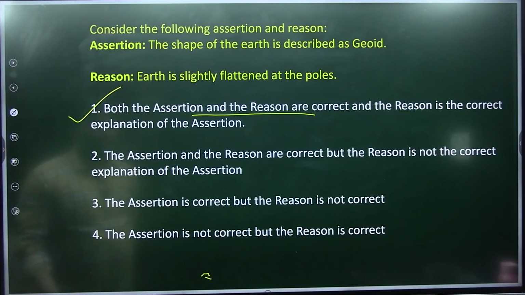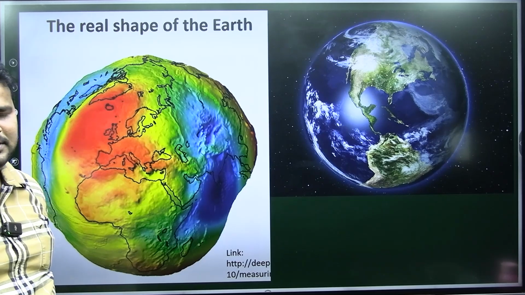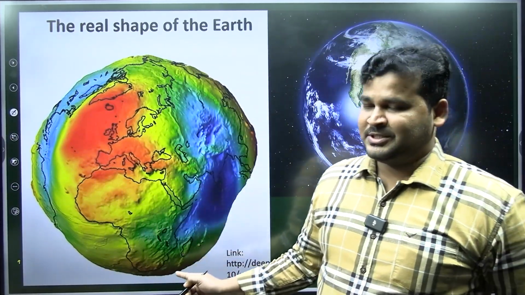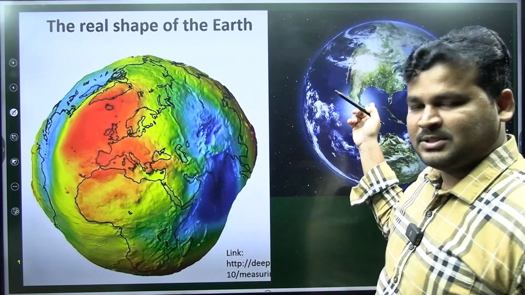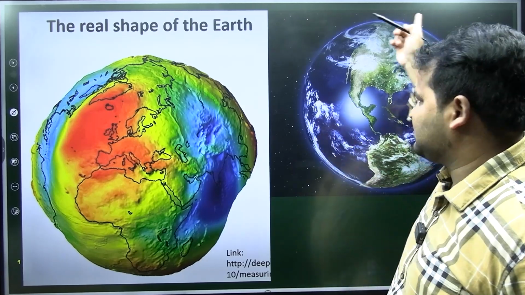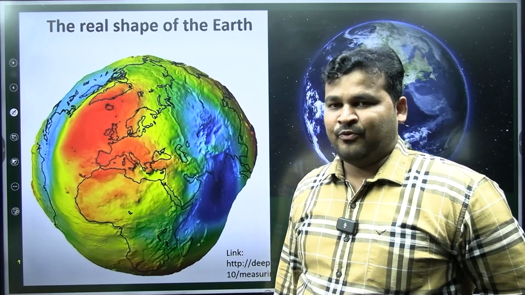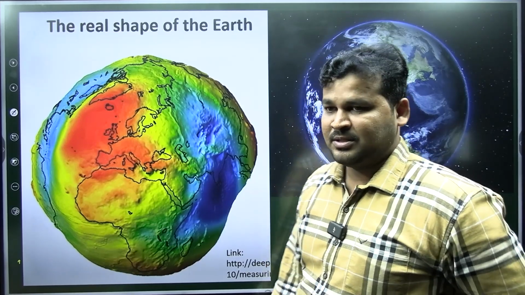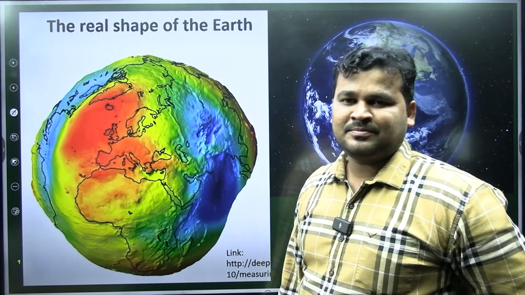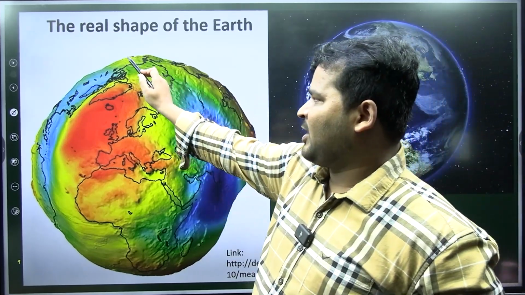I will show the actual shape of the earth. This is the actual shape of the earth, but not this. This is spherical in shape. For our convenience, we treat the shape of the earth as this, but the actual, realistic shape of the earth is this one. The poles are flattened here.